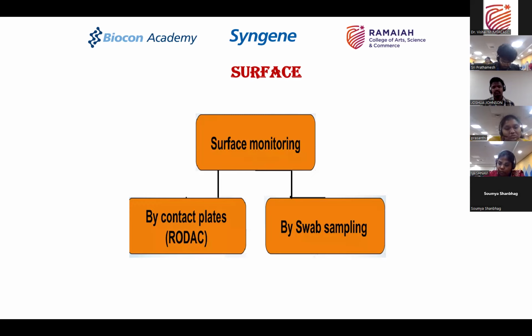What is another way to monitor the surface? By swab sampling. Now, what is meant by swab? I think during this COVID time, everybody would have understood what a swab is, right? Can you tell me, what are swabs?